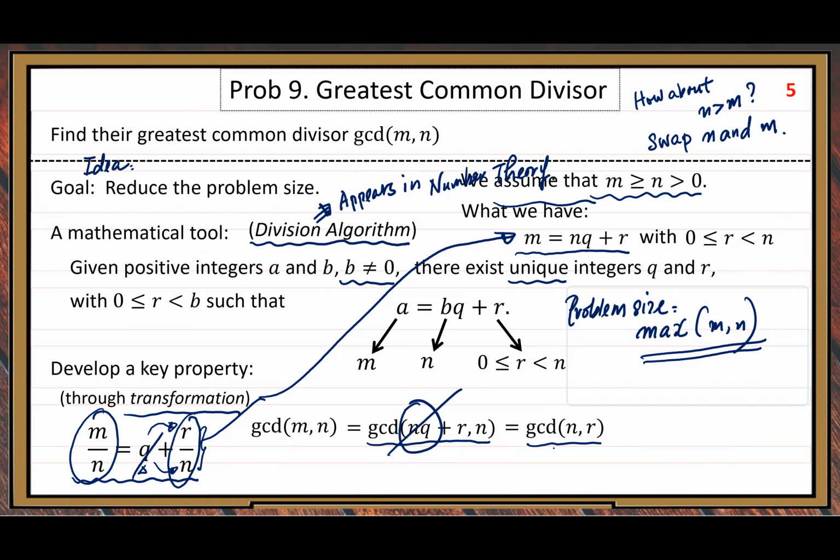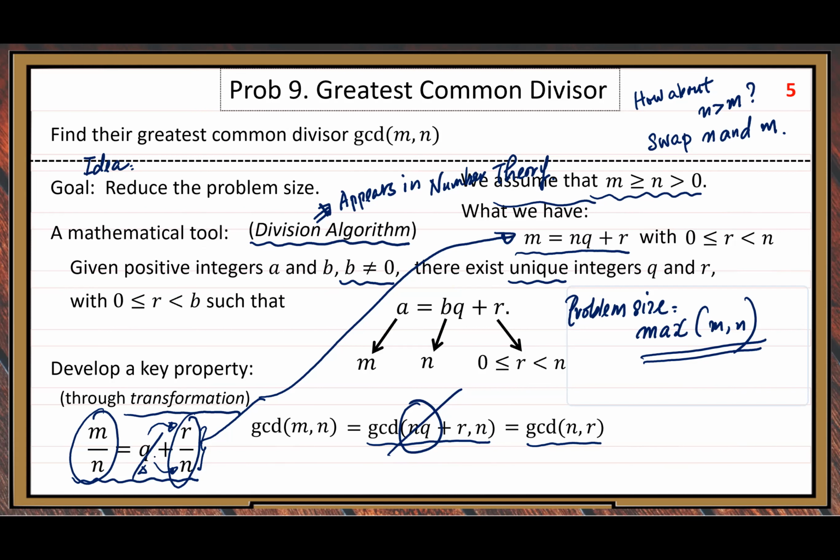Because the GCD is the greatest common divisor, when we do cancellation, we cancel the greatest common divisor, right? m over n, if you want to make this fraction as simple as possible, you cancel out the greatest common divisor.